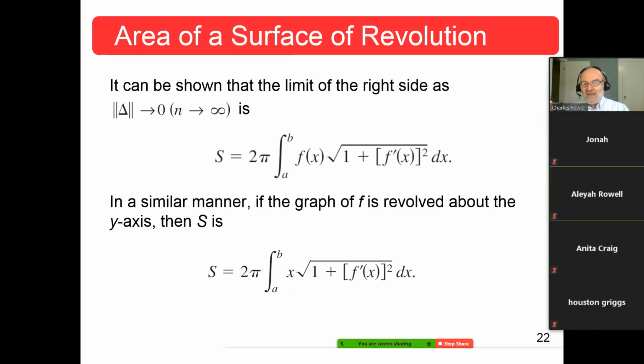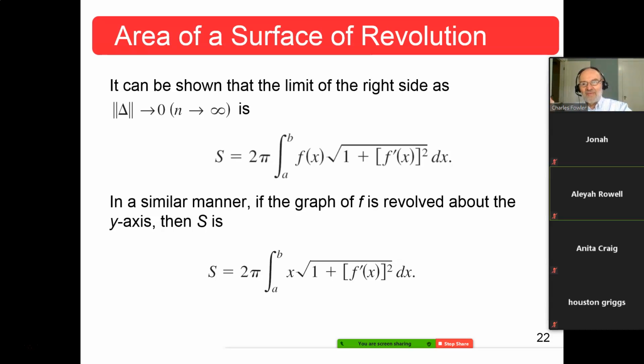They didn't change from a dx to a dy. They just changed from an f of x to an x, because up here the y value is your radius, and over here the x value is your radius. So you can leave your function in that same f prime of x squared, because it's the same measured this way as it is measured that way.